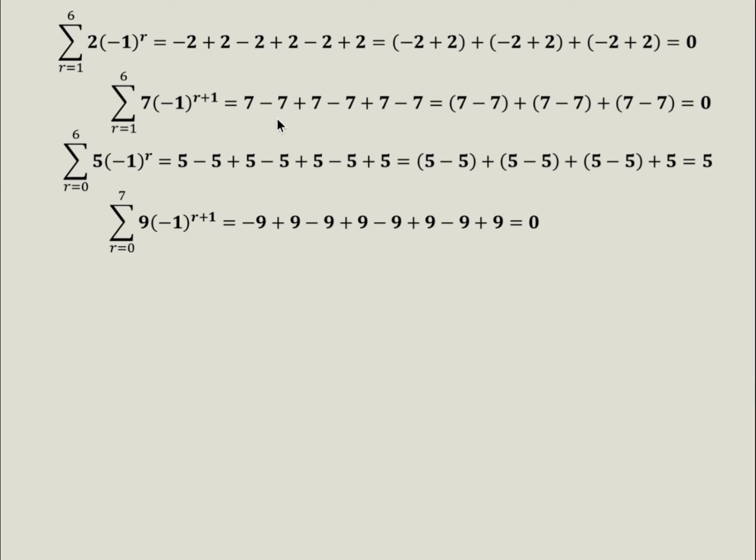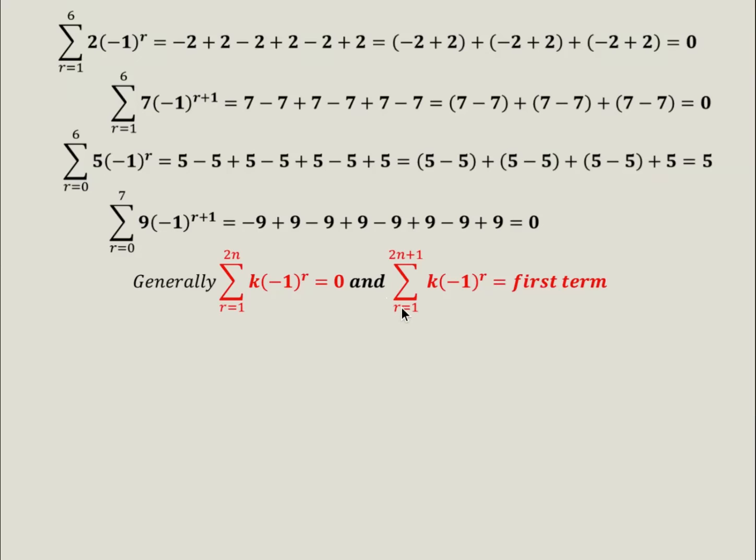From these examples, we have quite a good number of observations to make. And the first one is that generally, summation from r equals 1 to 2n of k into negative 1 raised to the power r is 0. So when the lower limit is 1 and the upper limit is an even number, it means you are dealing with an even number of terms, and the terms would pair up and cancel out to give a sum of 0.